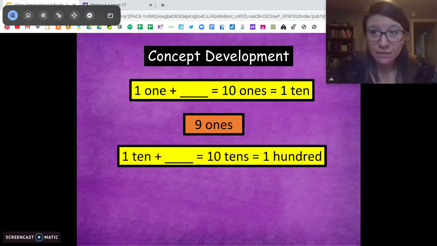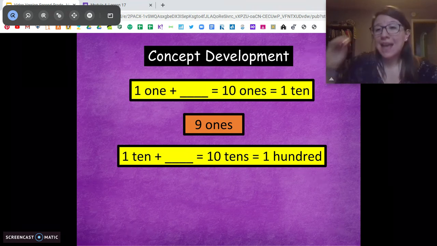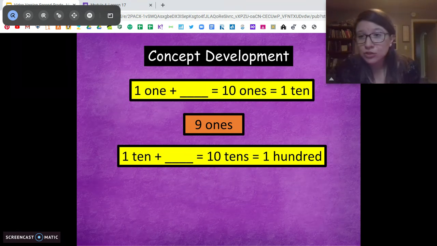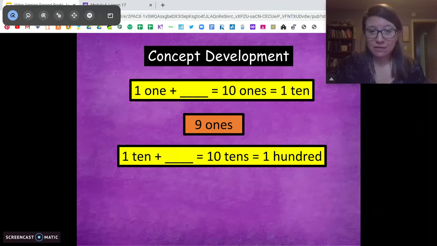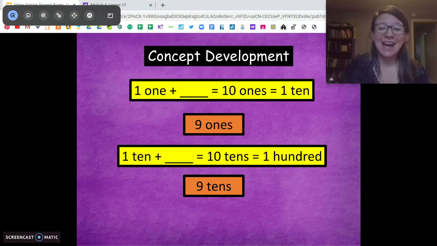Same thing here. If I have 110 and I want to get to 10 tens or 100, how many more tens do I need to add? Same idea, but we're using tens instead of ones. Very good. We're going to have to add 9 tens.